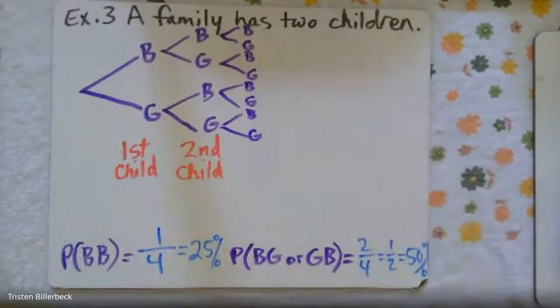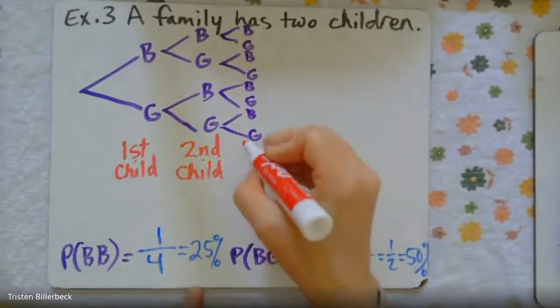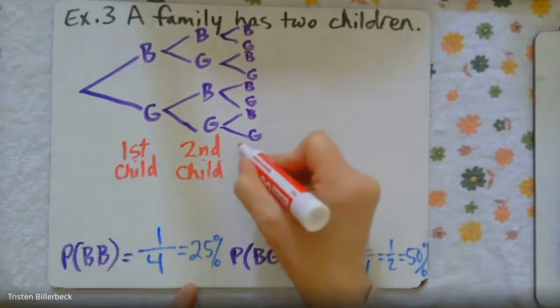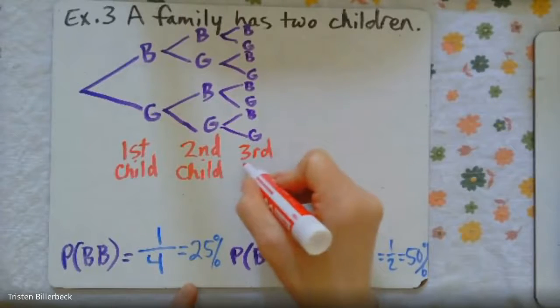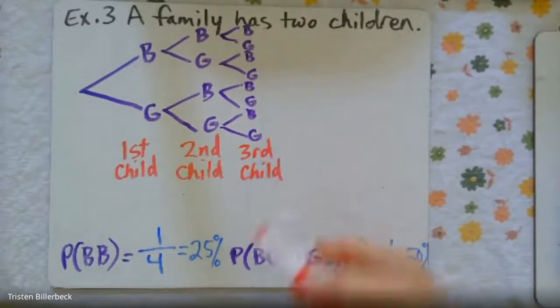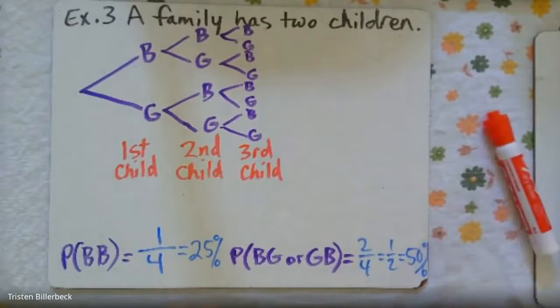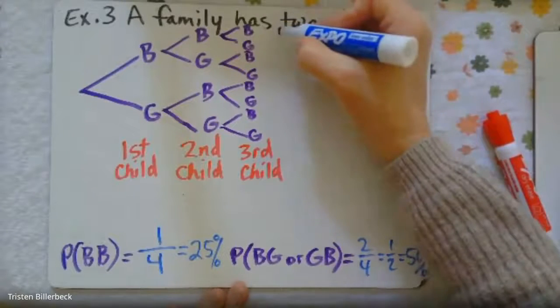Okay, so we have the 3rd child. Okay, so now let's organize our sample space here.